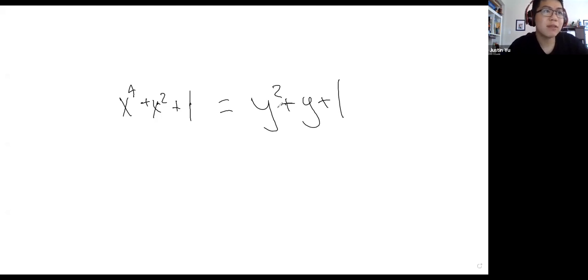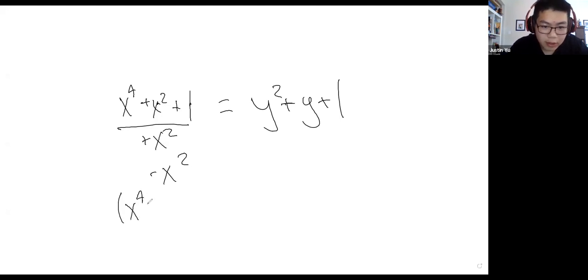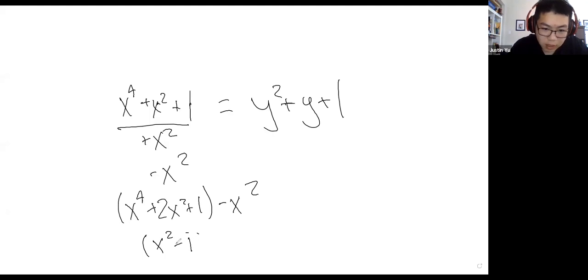So we're going to have to try something a bit different. I'm seeing a lot of people mentioning difference of squares, completing the square. If we were to complete the square here, we'd have to add an x squared and subtract an x squared. So we get x to the 4th plus 2x squared plus 1 minus x squared. This is very similar to the Sophie Germain business that we did earlier.